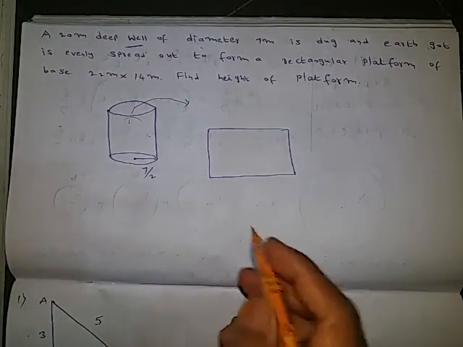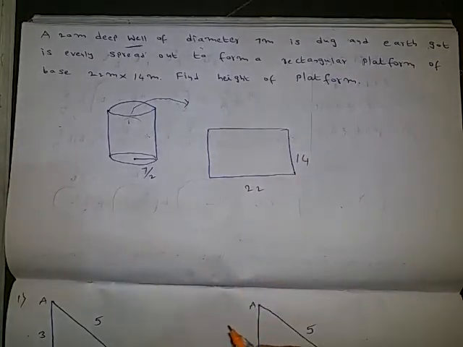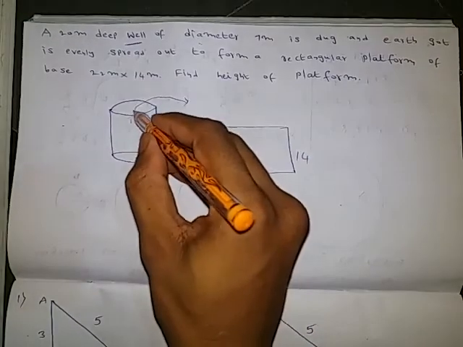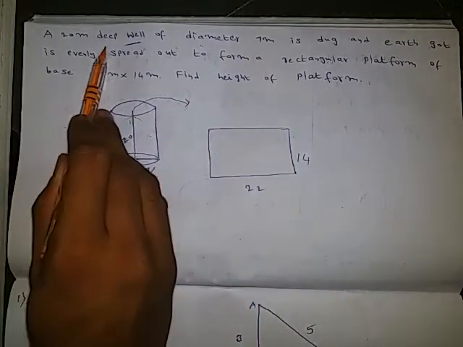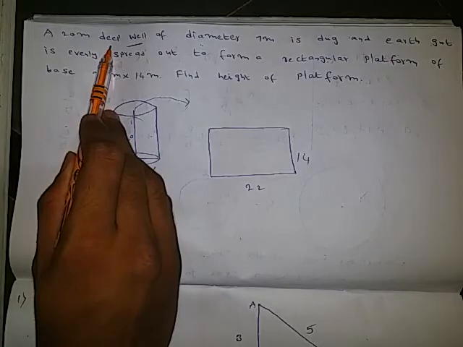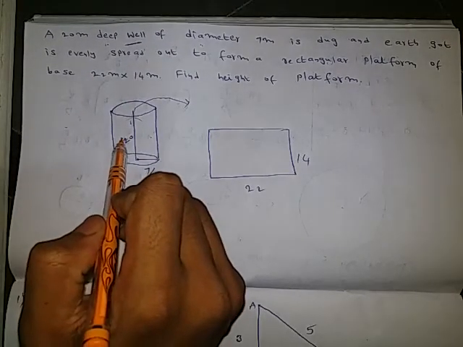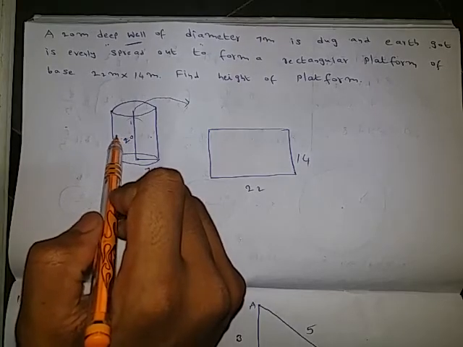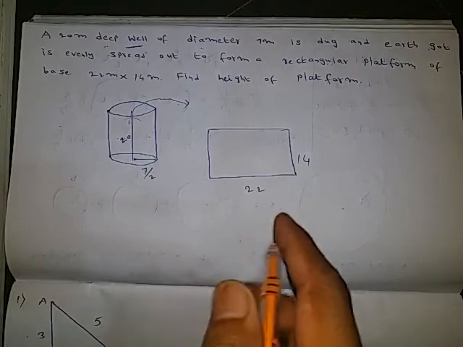This rectangle's measurements are also given: 22 meters length and 14 meters breadth. The height of the cylinder is also given, that is 20 meters. Here depth, height, length, all three words are the same. Depth means underground, height means upward, and length means it is stretching horizontally, that's it.